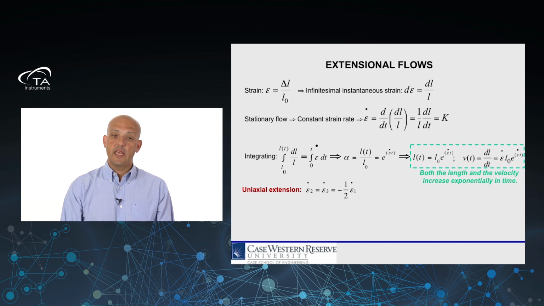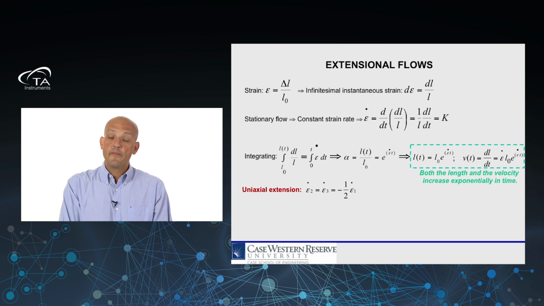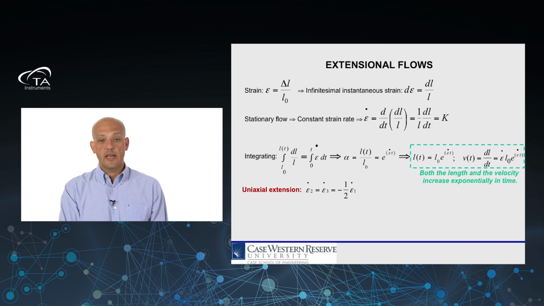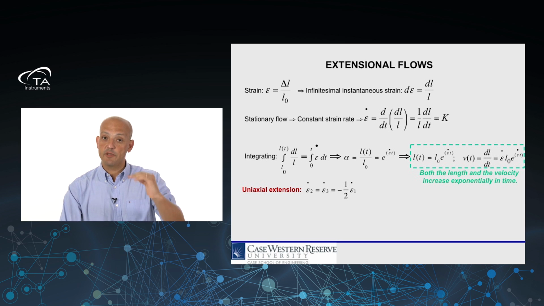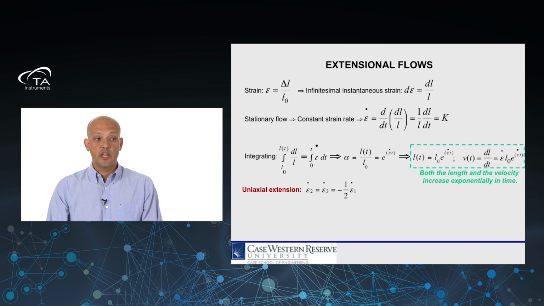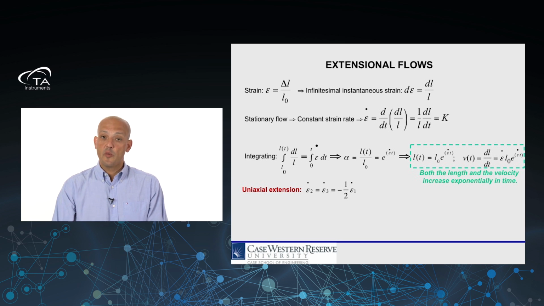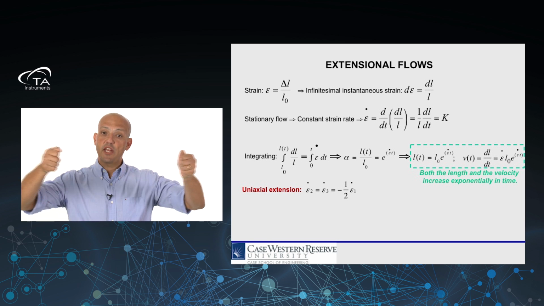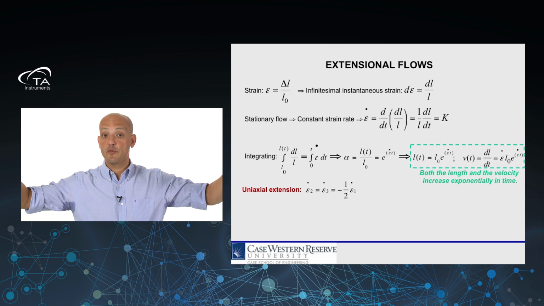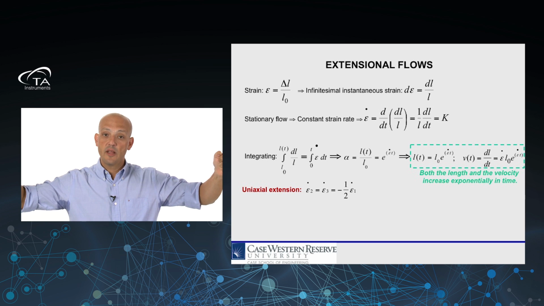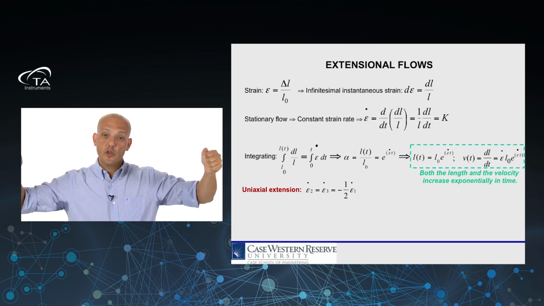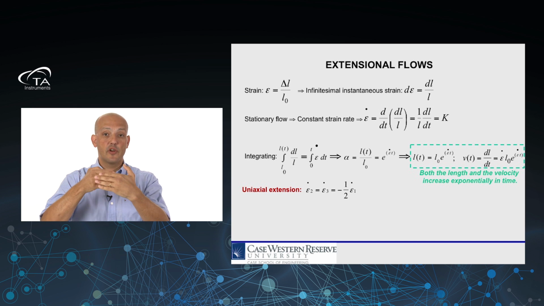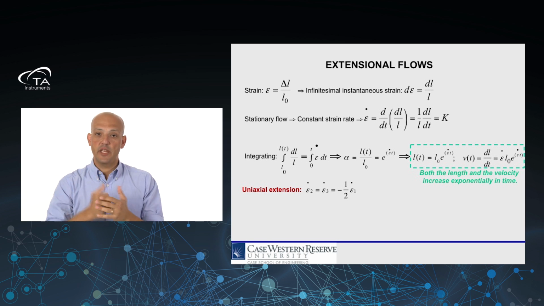Now, if we take this volume conservation condition and some symmetry conditions from the flows, we can define the flow kinematics in those three types of flows. For example, in uniaxial extension, if we define the strain rate as the stretch rate in the direction we're stretching, in direction 1, the material will contract at half of that strain rate in directions 2 and 3.